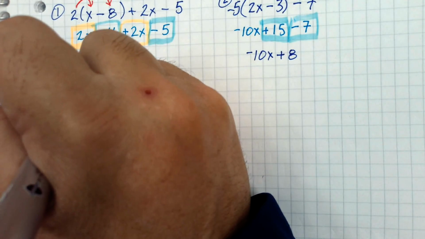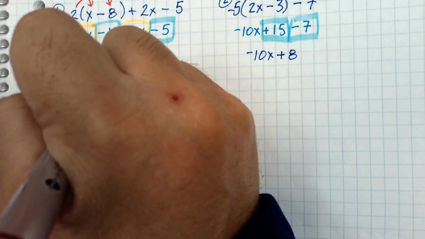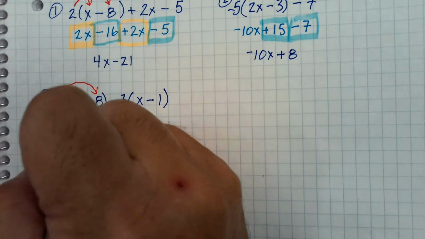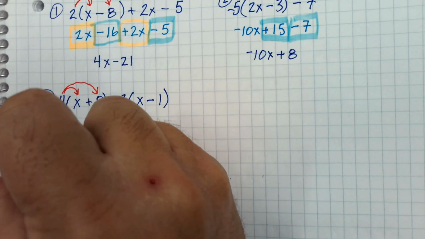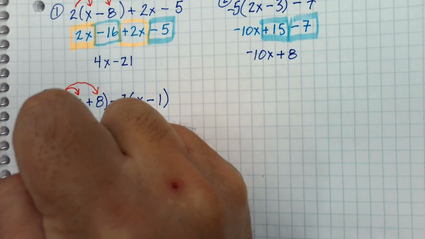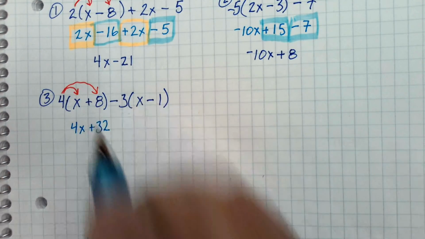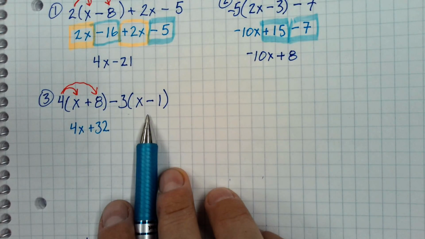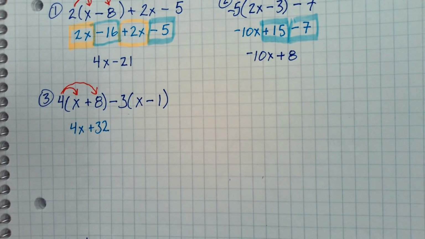4 times x, 4 times 8. Let's start with that. We know how to do that. So that would be 4x plus 32. How about here? Okay, you got to recognize that.